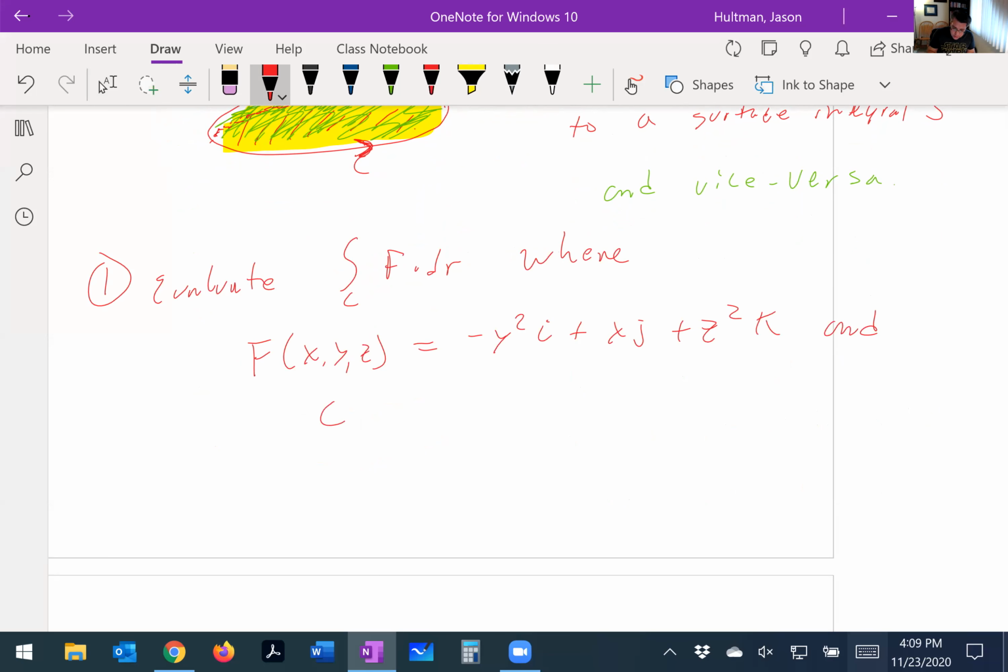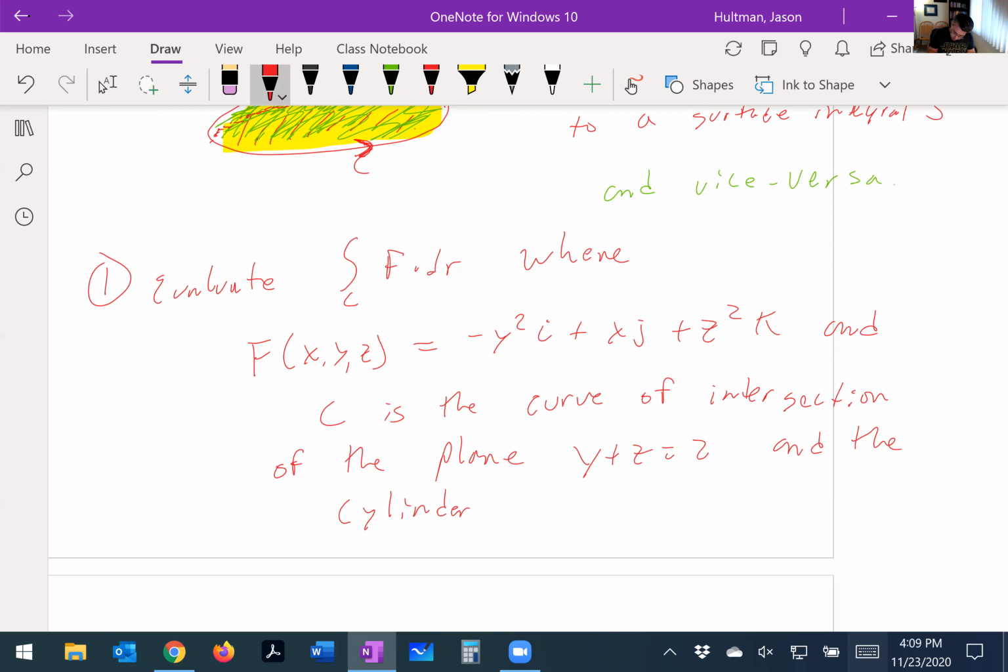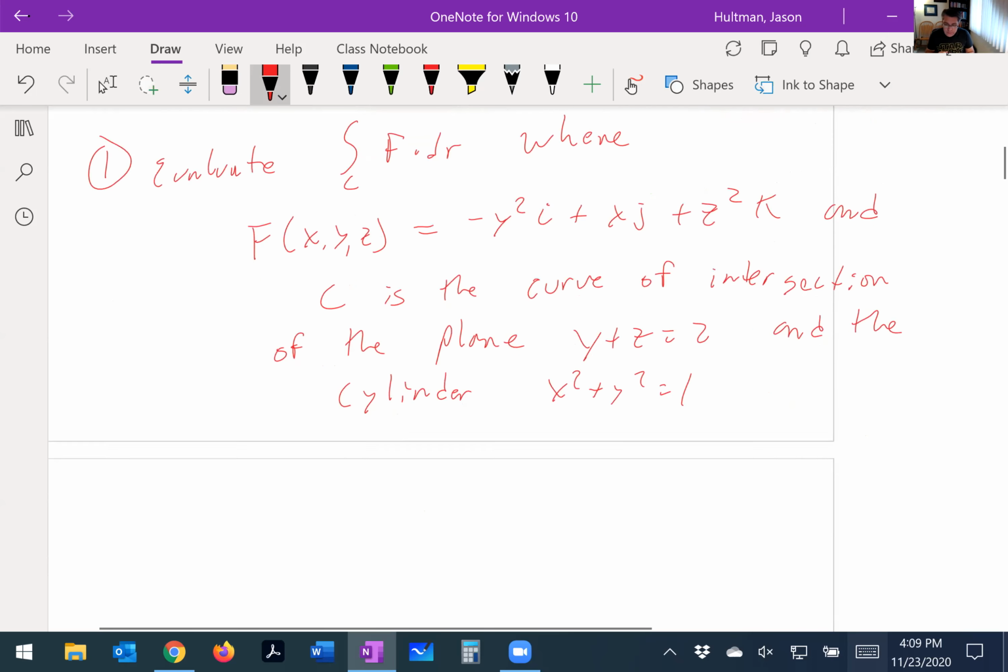And C is the curve of intersection of the plane y plus z equals 2 and of the cylinder x squared plus y squared equals 1, so the unit cylinder.